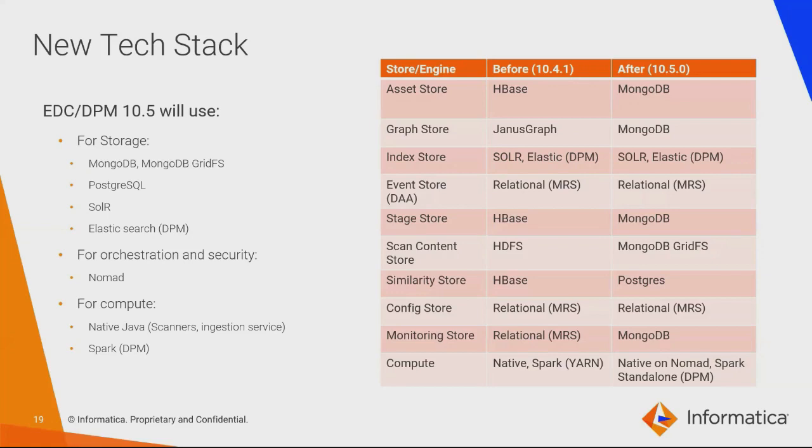The event store that is used for the data asset analytics will continue to be on the database that you are providing as part of the Model Repository Service. A few other changes: where we stage the metadata before ingesting it into the catalog will also be replaced by MongoDB.